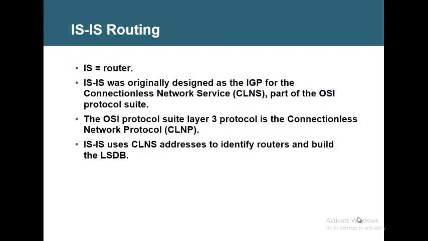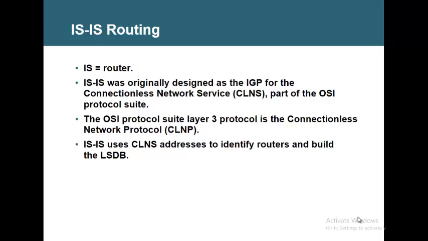Now, what does this IS stand for? IS stands for intermediate system. What is the intermediate system? Router is the intermediate system, isn't it? In between two computers, you have a router as an intermediate system because these two computers are in different networks.